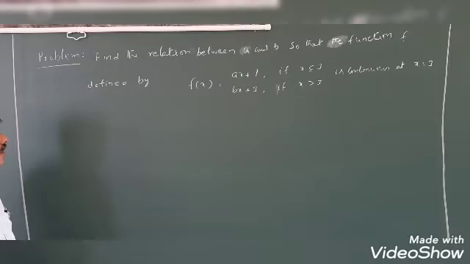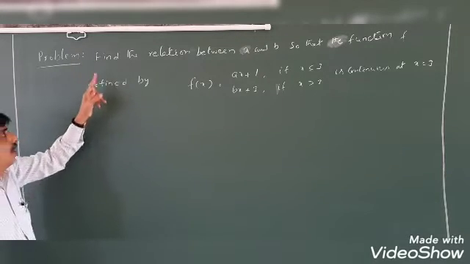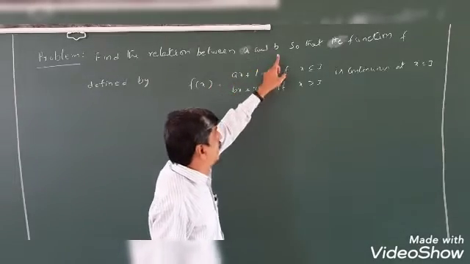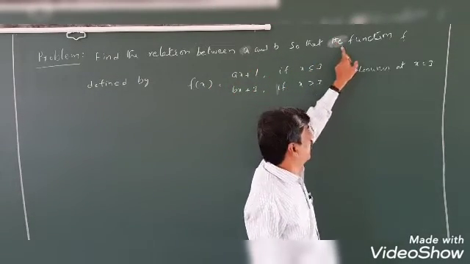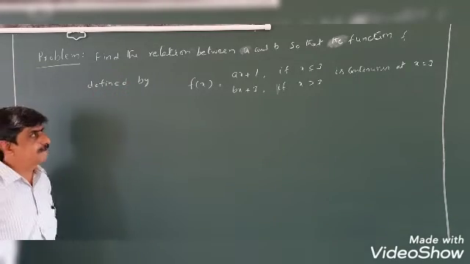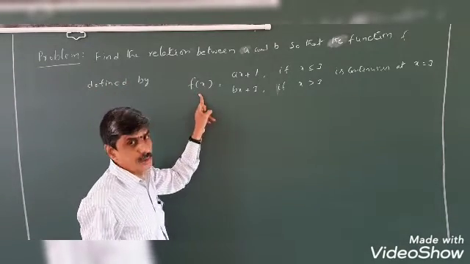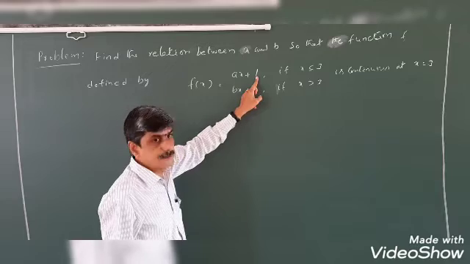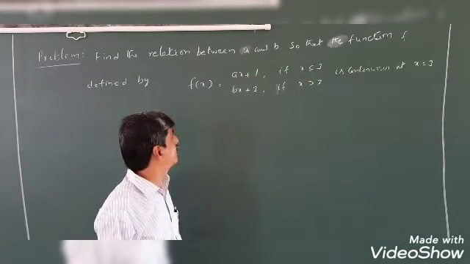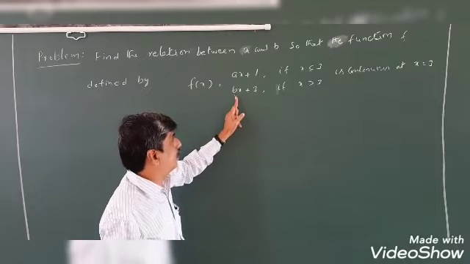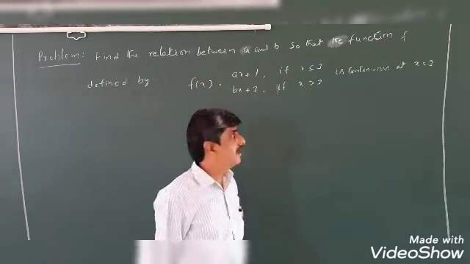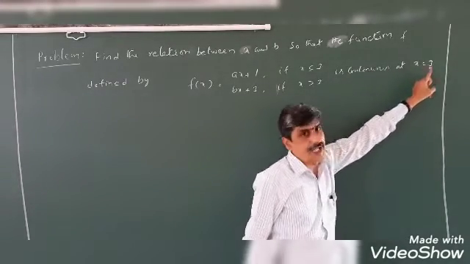In that, the problem is: find the relation between a and b so that the function f defined by f of x is equal to ax plus 1 if x is less than or equal to 3, and f of x is equal to bx plus 3 if x is greater than 3, is continuous at x is equal to 3.